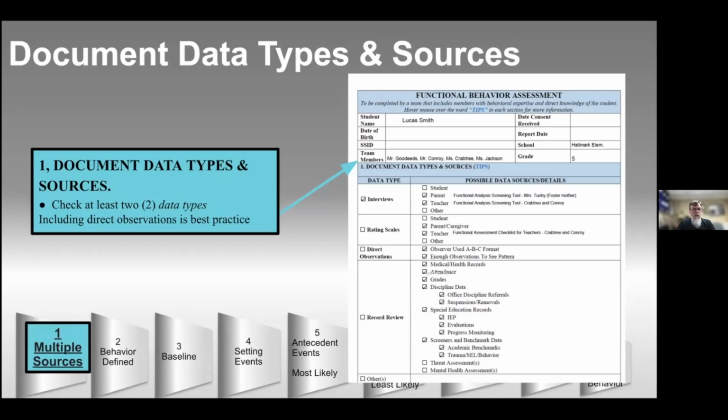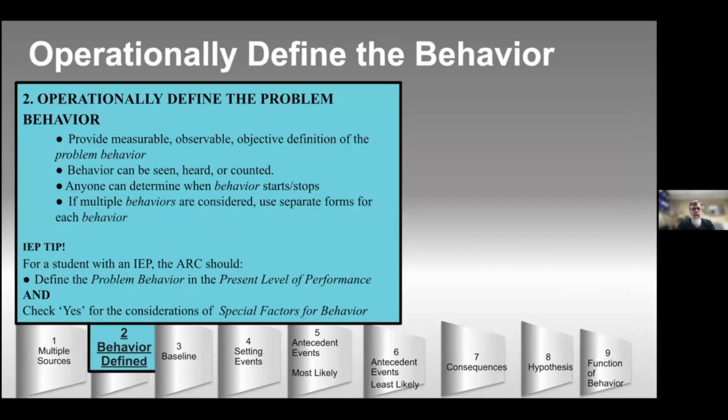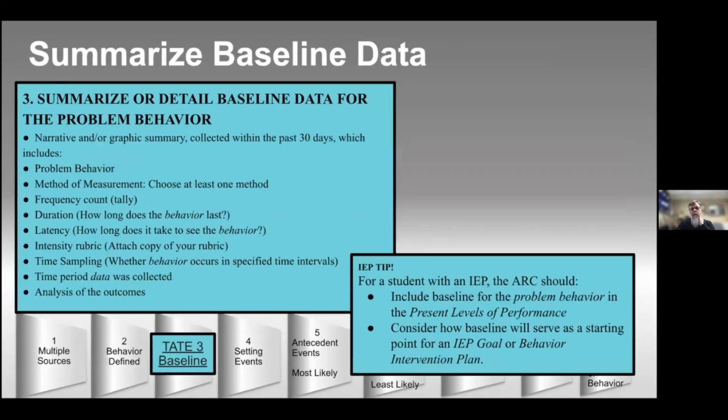And also always look at progress monitoring, IEP and progress monitoring. So then after we've defined the behavior, we have to take some baseline data, and that baseline data is going to determine what is the appropriate measurement of the data that we're collecting. Is it going to be a frequency count?